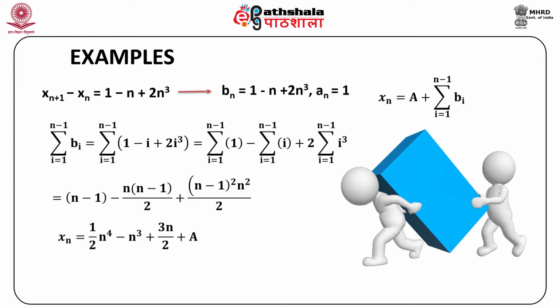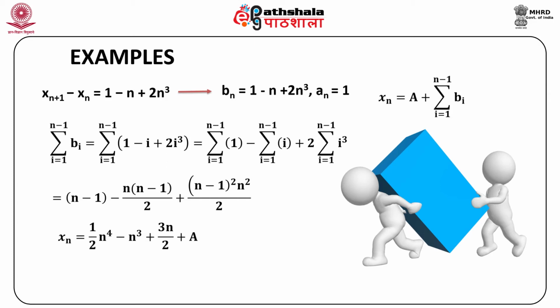So as done above, the solution is xn is equal to a plus the summation i equals 1 to n minus 1 of bi. Here the summation of bi is equal to the summation of 1 minus i plus 2i cubed, which is equal to the summation of 1 minus the summation of i plus 2 times the summation of i cubed, which is equal to n minus 1 minus n times n minus 1 divided by 2 plus (n minus 1) squared n squared divided by 2.